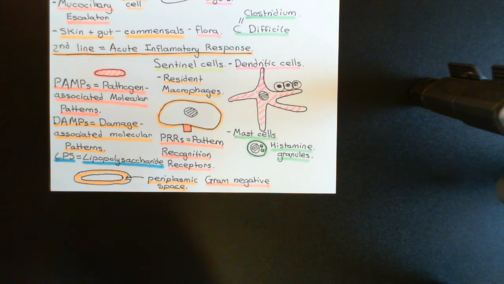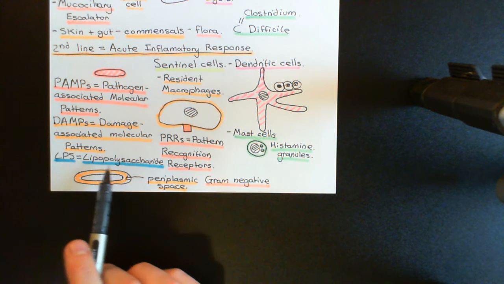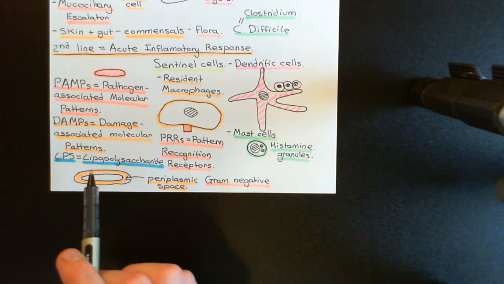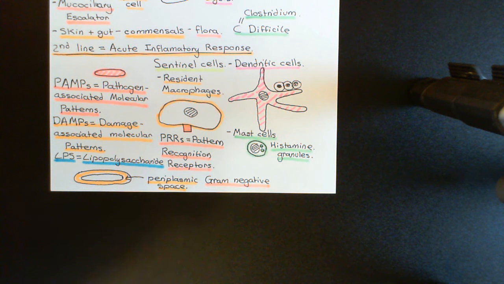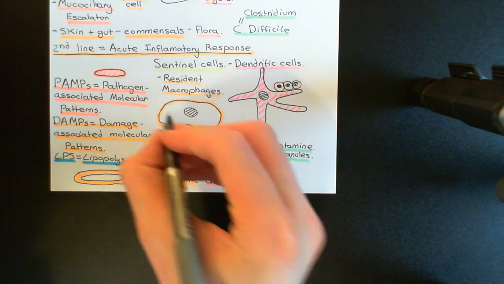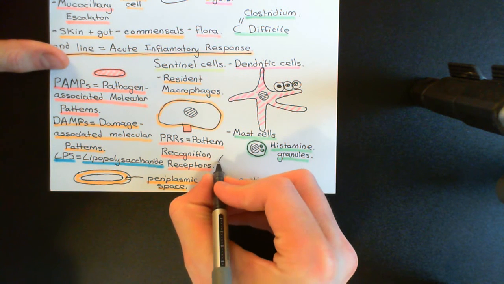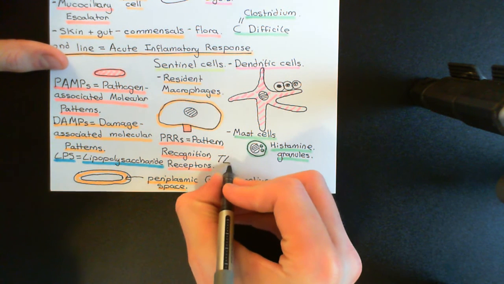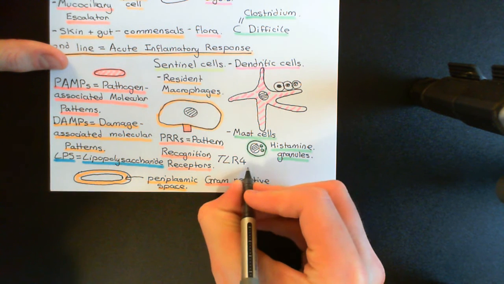Now, if you've got one of these gram-negative bacterial cells in your tissue, then lipopolysaccharide molecules will be in the extracellular fluid, because the membrane isn't completely stable. Occasionally, some of the LPS molecules will break free of the membrane and end up in the extracellular fluid. And this is a giveaway sign that gram-negative bacteria are present in the extracellular fluid, and indeed we have a pattern recognition receptor for LPS, and the specific name of that pattern recognition receptor is the toll-like receptor 4, TLR4.